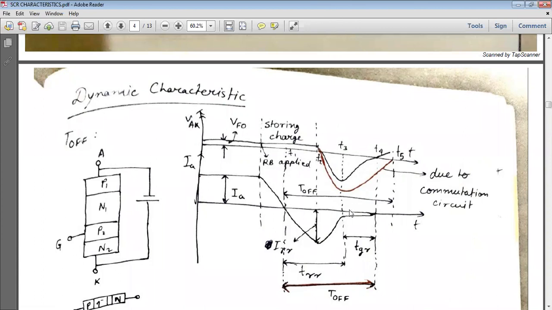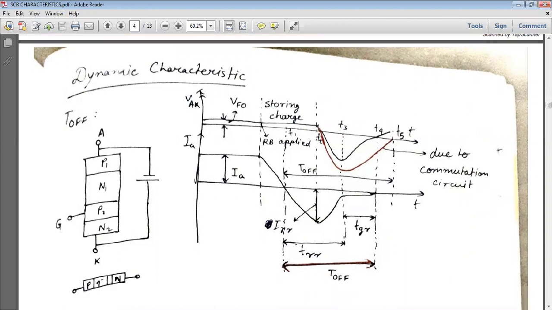Similarly, this is the reverse recovery portion, like a diode. And during TGR, you can see that some charge is recovered, and this time is called gate recovery time.